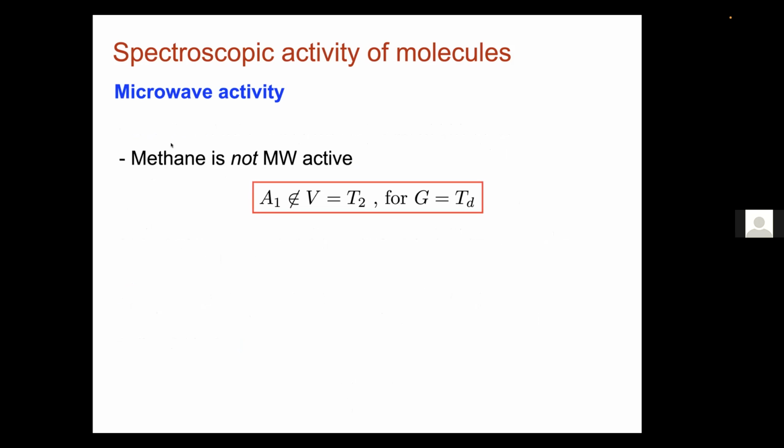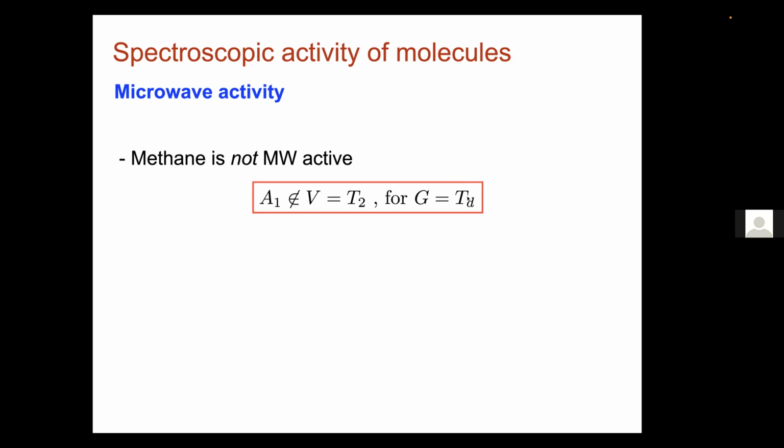Now, methane. The vector representation for methane is irreducible, it is T2, which is a three-dimensional representation. Therefore, the identity representation is not part of V. Therefore, this means that there doesn't exist any vector which is invariant under this group.